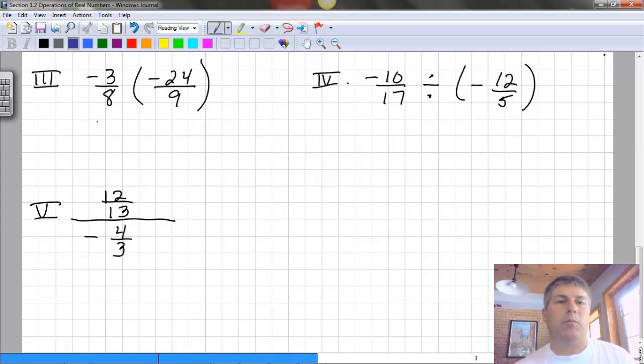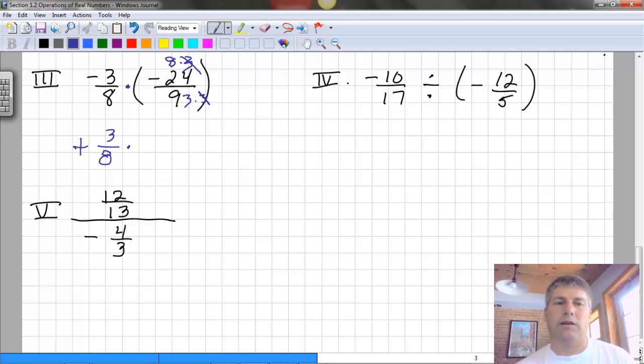A couple more sample problems. A little multiplication here. Now we have a negative times a negative here. So negative times a negative, I already know my answer is going to be positive. And 24 over 9, I probably can reduce that. 24, if I'm not mistaken, is 8 times 3, and 9 is 3 times 3.